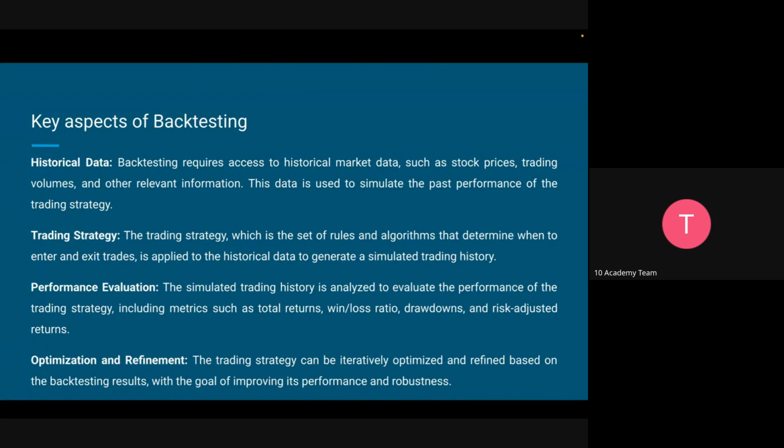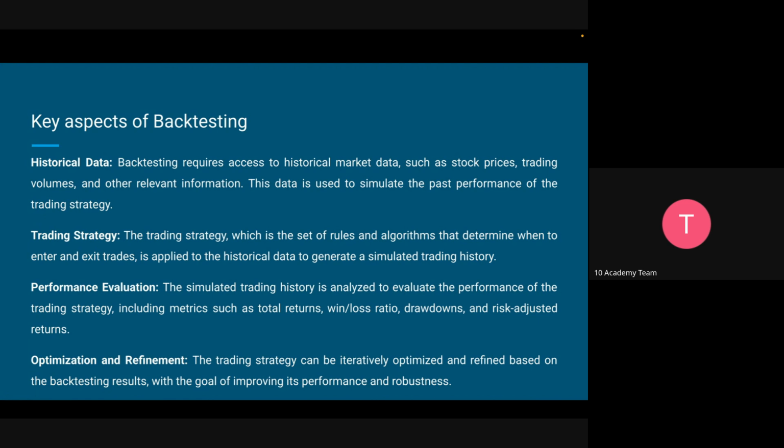before taking the risk. So, key aspects of backtesting: it happens on historical data, like we said. This evaluation and everything is going to happen on historical data before we use our strategy for live trading. The other is the trading strategy, which is a set of rules or algorithms that determine when to enter or exit a trade.